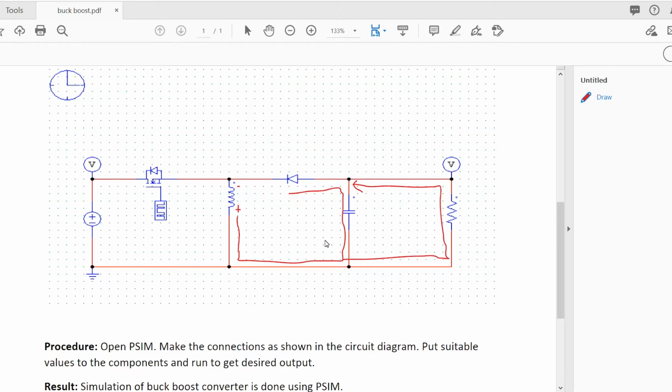So let's talk about the third mode. During this time, the switch will be turned on again.